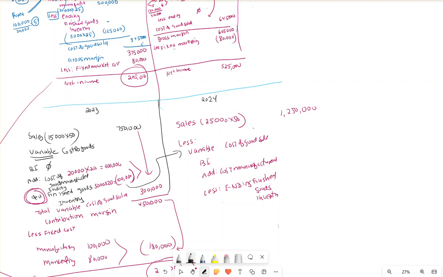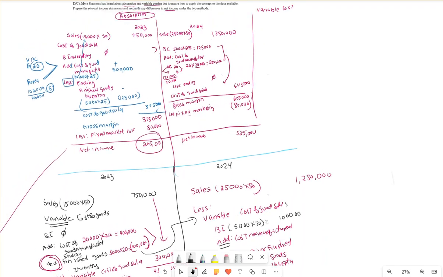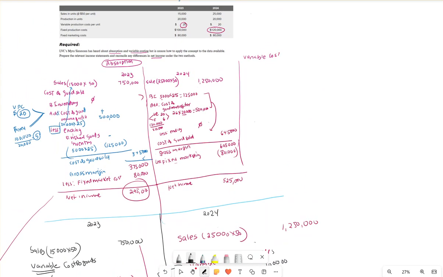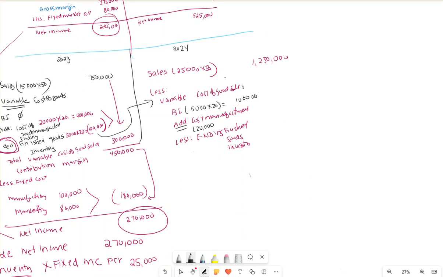The ending became the beginning, so we have 5,000 at 20, that will give me 100,000. They told us we manufactured 20,000 units. The variable cost they told us in the question is still 20, so I am going to multiply by the 20, and that'll give me 400,000.